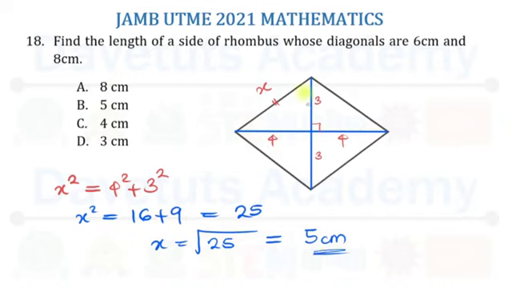In short, if you are familiar with Pythagoras theorem, once you have 4 and 3 and you're looking for the hypotenuse, then the hypotenuse is 5. So 5, option B, is the correct answer here.